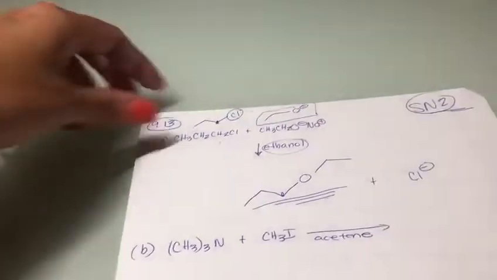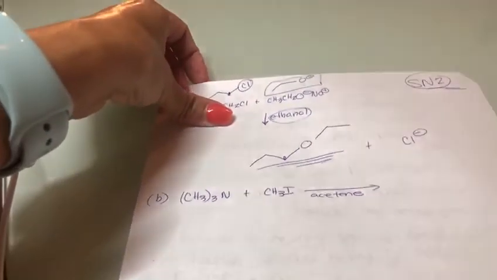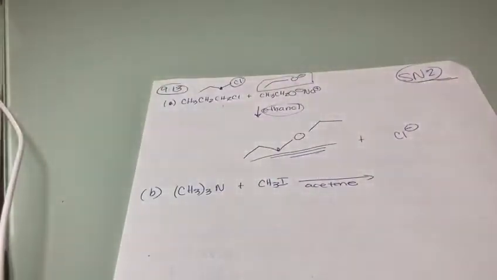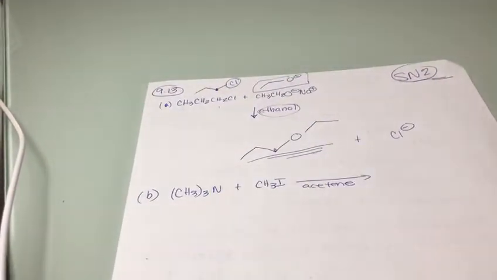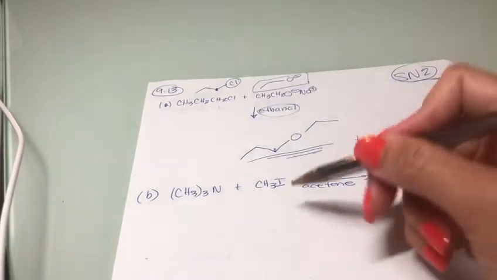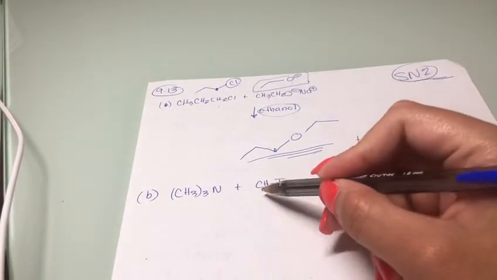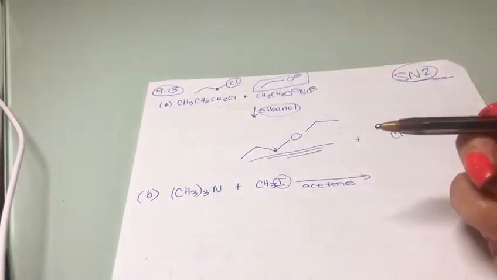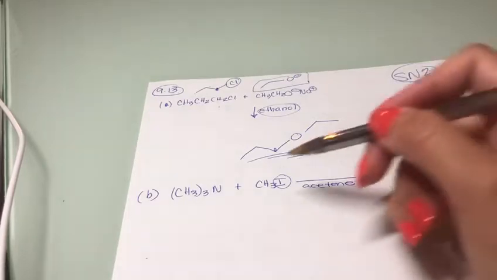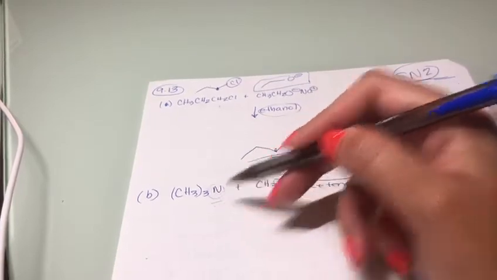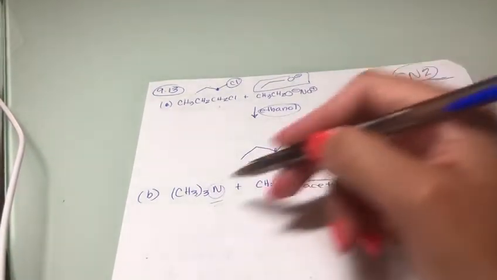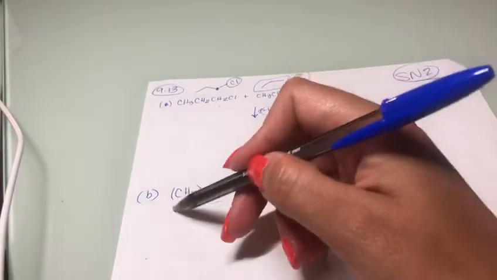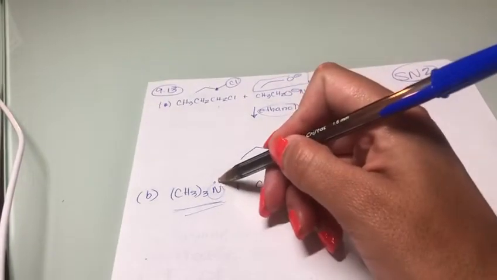Let's take a look at the next reaction. So you have the CH3I, this is your leaving group, this halogen, and that will be replaced by the nitrogen right here. And whatever is attached to the nitrogen is your nucleophile.